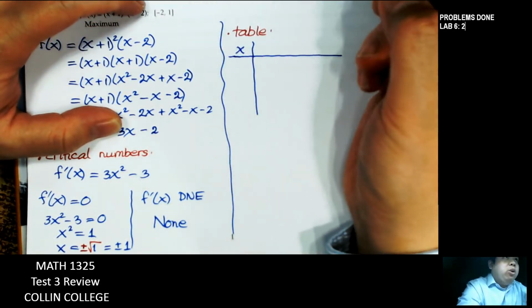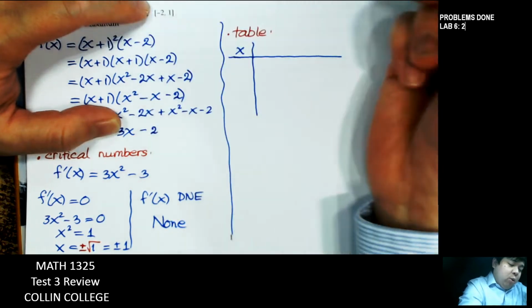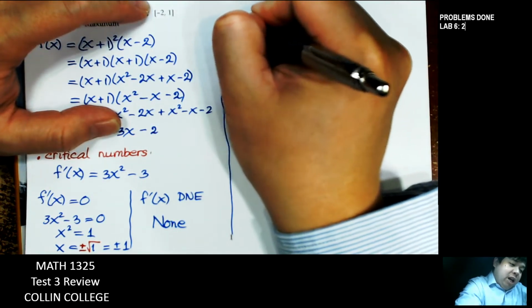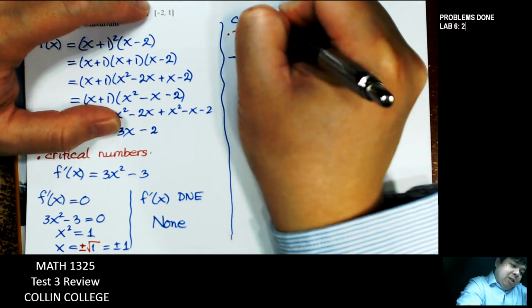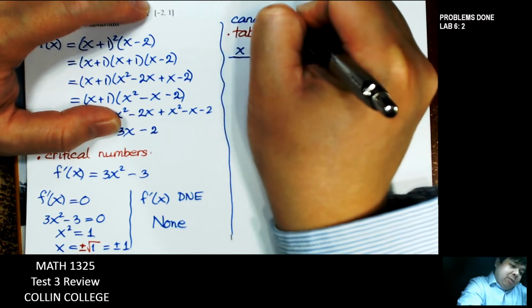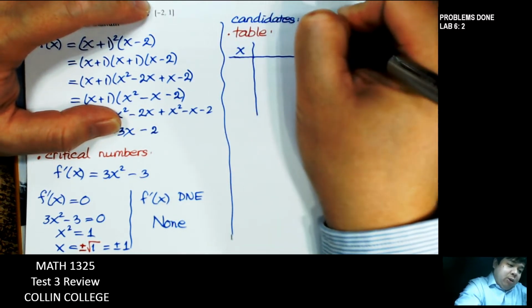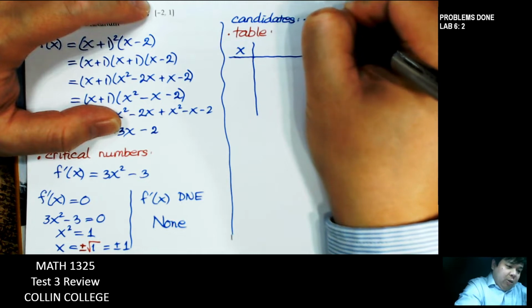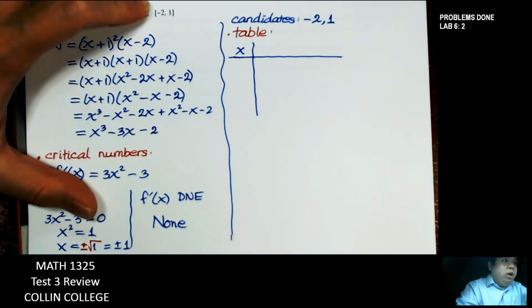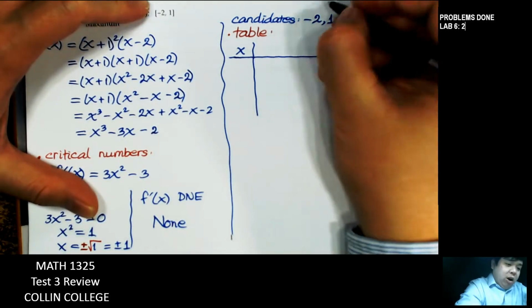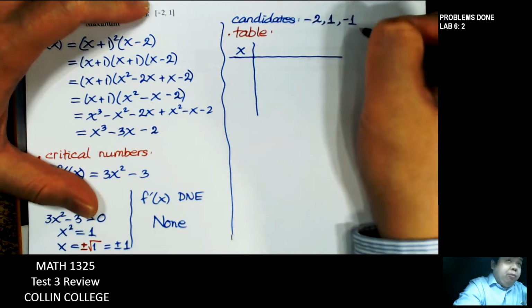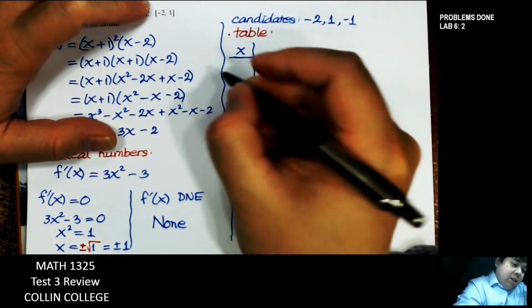So all the points that we need to check, the endpoints, just write the candidates here. The endpoints will be negative 2 and 1. And from here we have negative 1 as well, and 1, but we already have 1. So those are the points that we'll check.